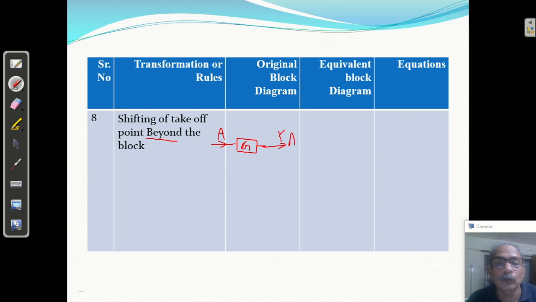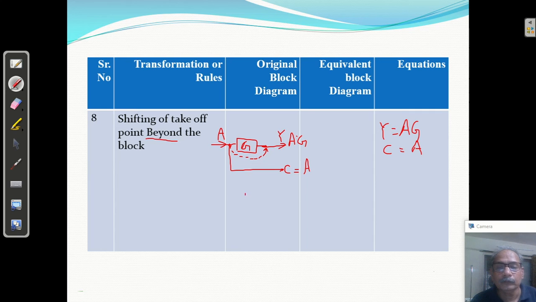A into G. Clear? And from here, what is the output? C equal to what? You are getting A. I want to shift this takeoff point beyond the block, to here. What is the output? Y equal to A into G. And C equal to A, I want.